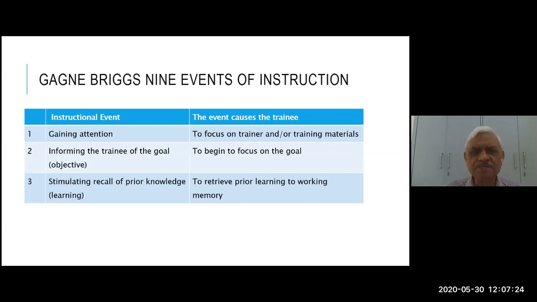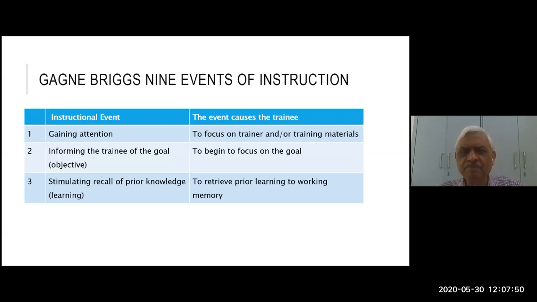So the first step is gaining the attention, and the trainee starts focusing on the trainer or the training material. The second instructional event which comes is telling them the purpose of this session, meaning what is our goal in this 1.5 hour or so, what we are really going to do.